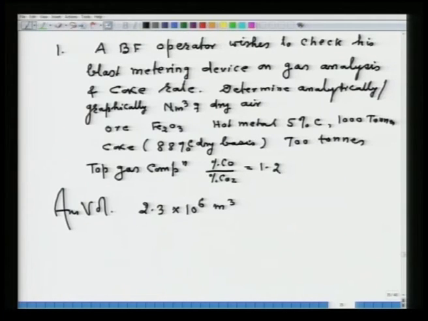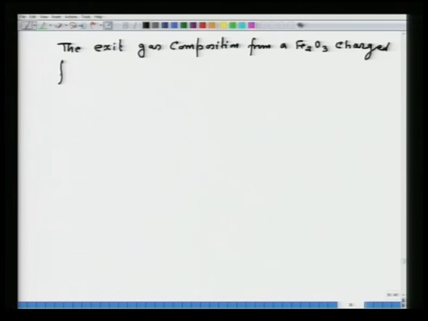I will give you one more problem, so that you can practice it. The exit gas composition from a Fe2O3 charge furnace is 24 volume percent CO, 22 volume percent CO2 and 54% nitrogen.